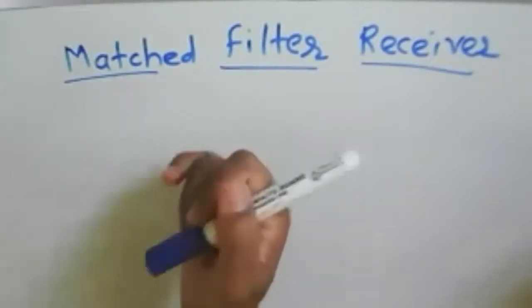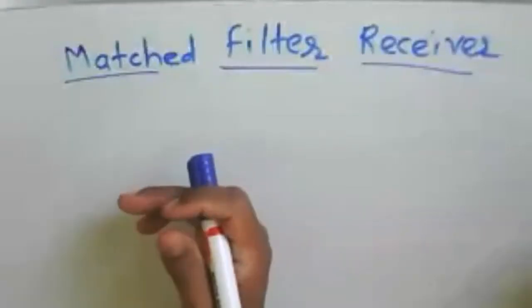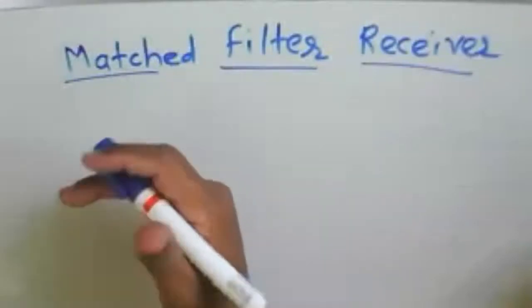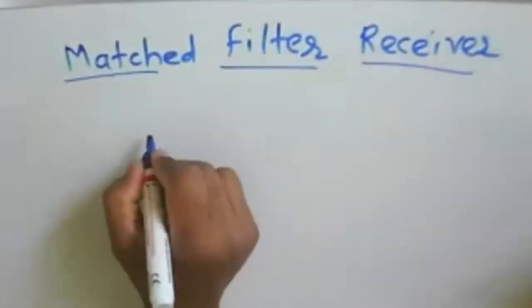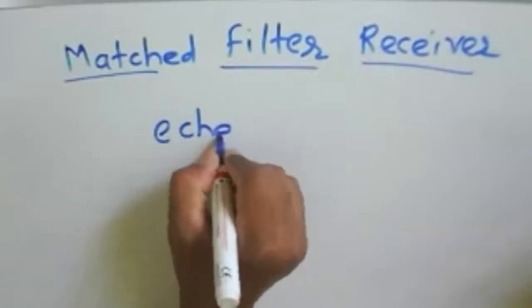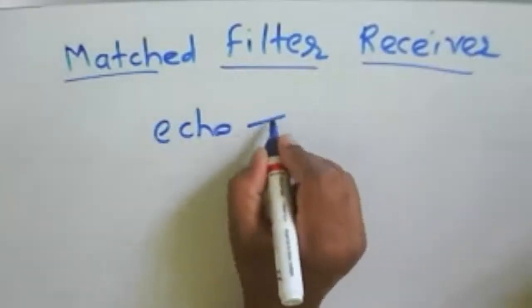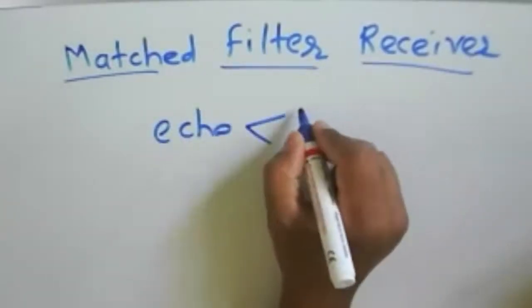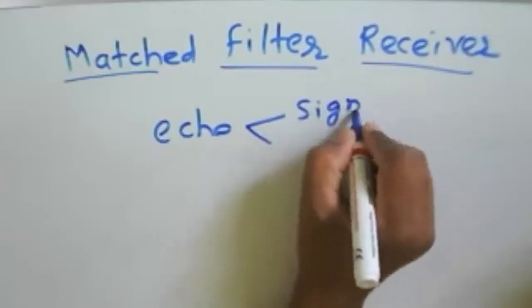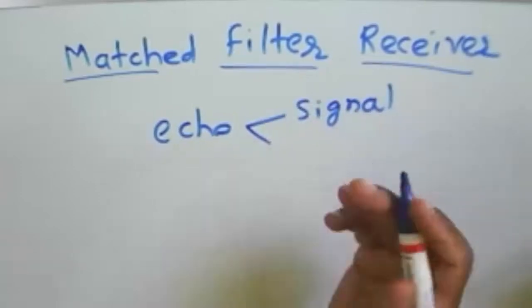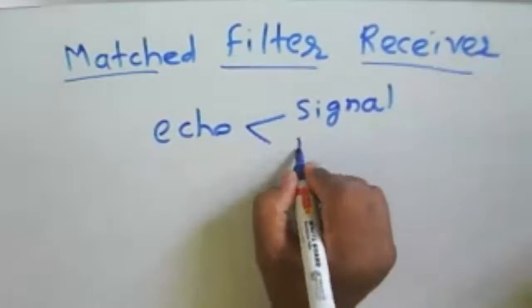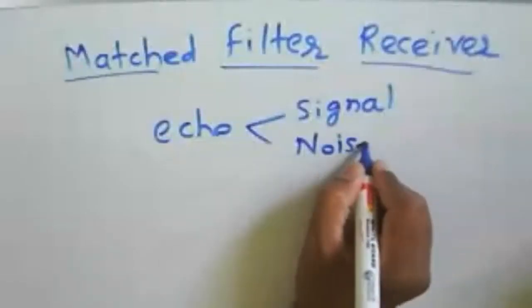Now, while receiving any signal, at the receiver we are getting the echo signal, and that echo signal consists of what? It has signal information, or we can say tracking information, and it also has noise here.